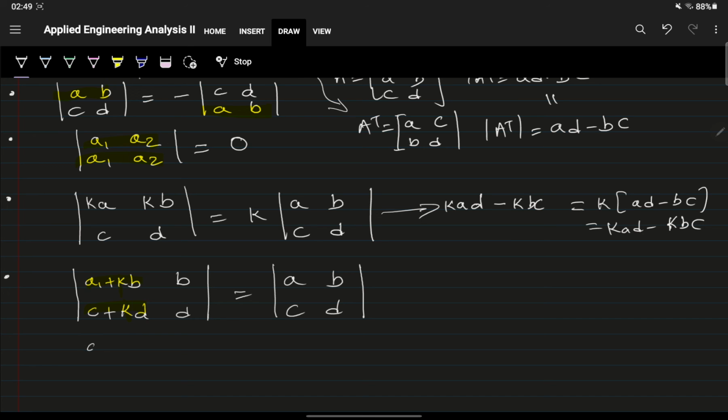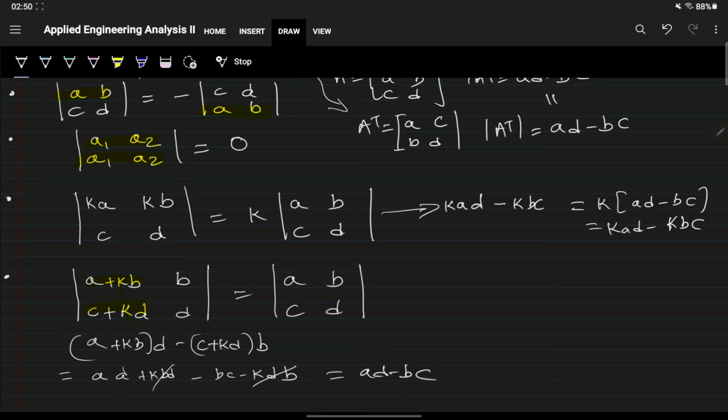Like if we calculate, it would be A plus KB into D minus C plus KD into B. This is AD minus BC, and this one is also AD minus BC.